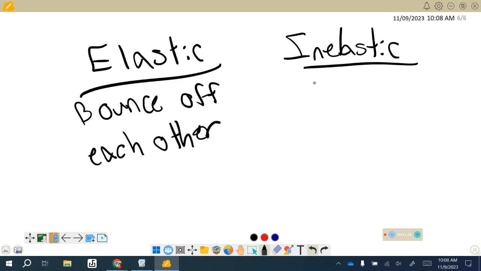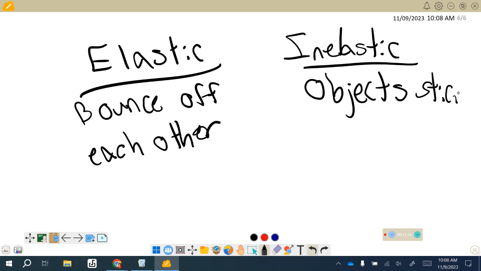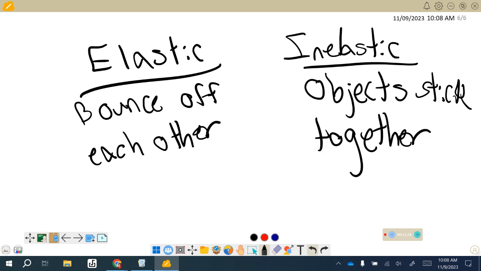In inelastic collisions, the objects stick together. There are other factors that distinguish elastic and inelastic collisions, but we don't really need to get into them for this class. For now, let's just say elastic, they bounce off, inelastic, they stick together.